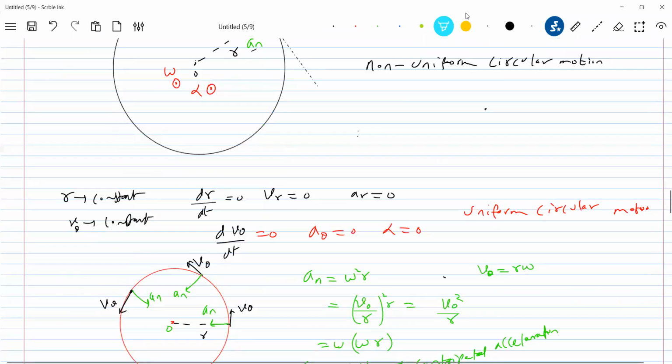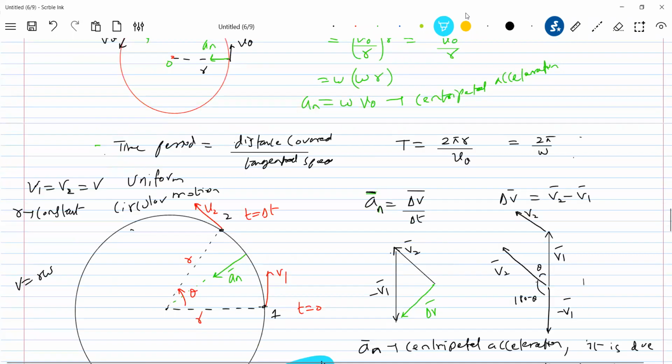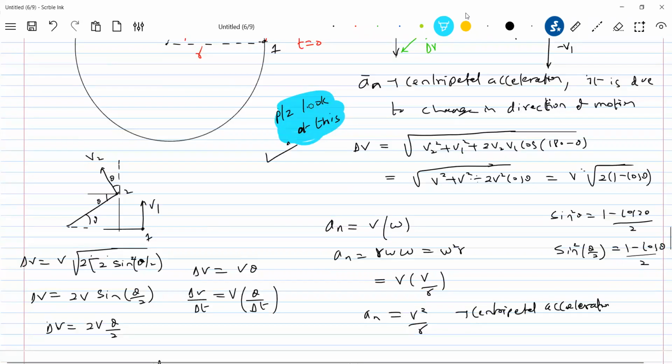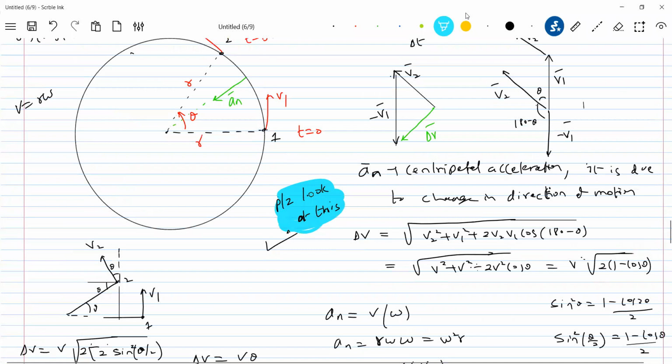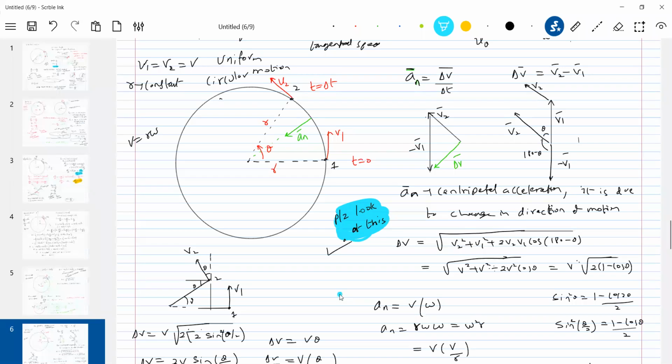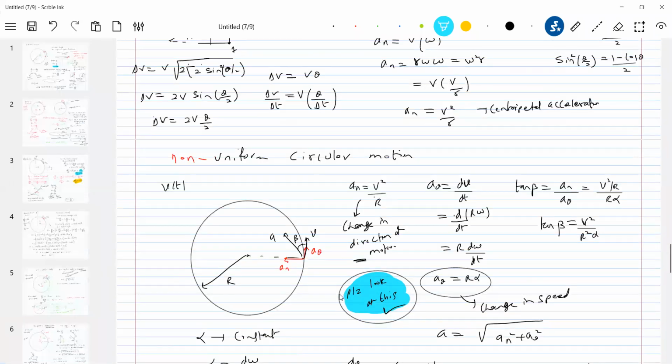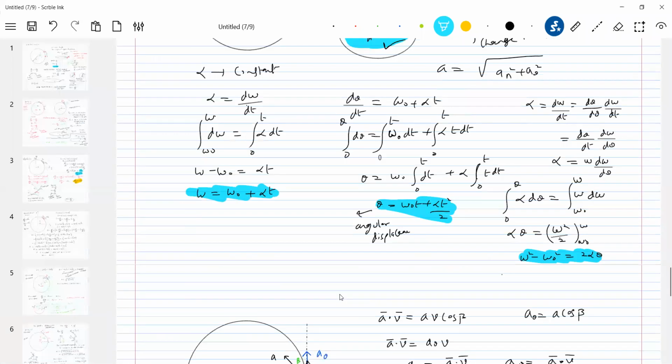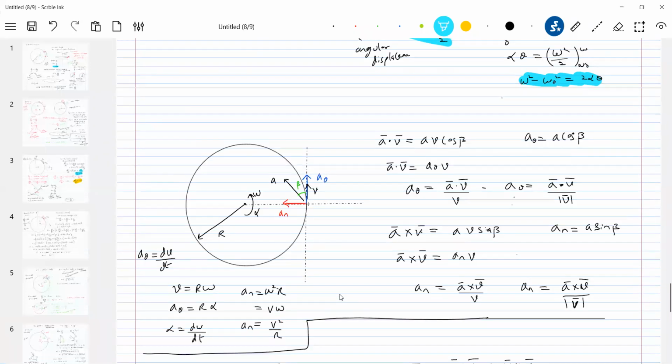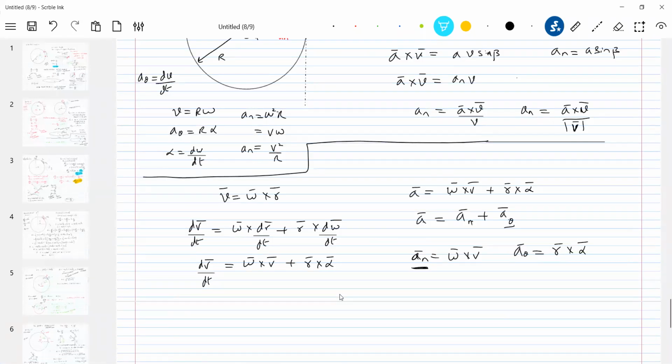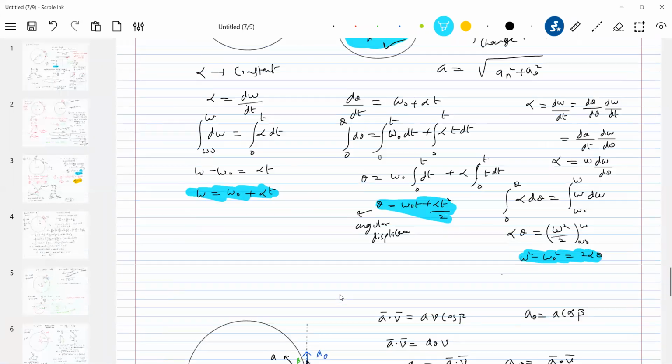For circular motion problems, the maximum will be focused on this content. Okay, this is all mathematics. Just like when three-dimensional motion comes, this is going to help us a lot.